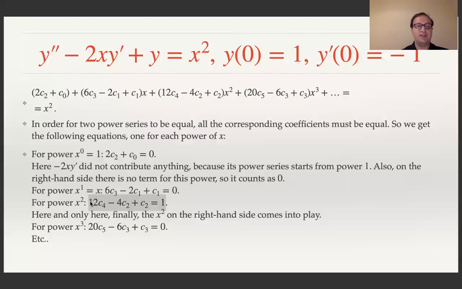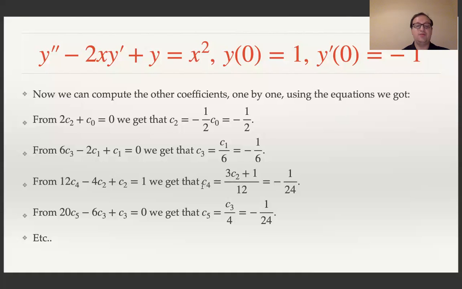This means C4 is 3C2 plus 1 over 12. We already computed C2 as a function of C0, so indirectly C4 is a function of C0. And C2 was minus 1/2, so now we get that C4 is minus 1 over 24.